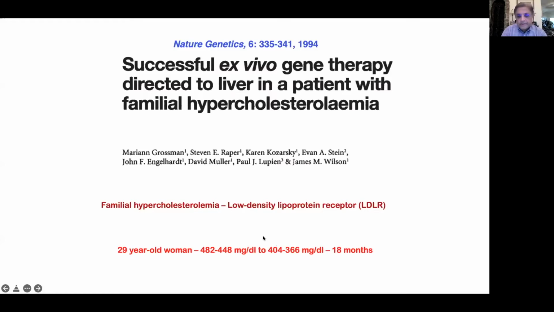So her liver cells were then infused with the retroviral vectors carrying the LDL receptor gene, the low density lipoprotein receptor gene, and these cells were infused back into her body. And this patient was followed for 18 months, and you can see her level dropped from 482 down to 366. So this was, of course, not curative, but it provided again other evidence that this perhaps could work.